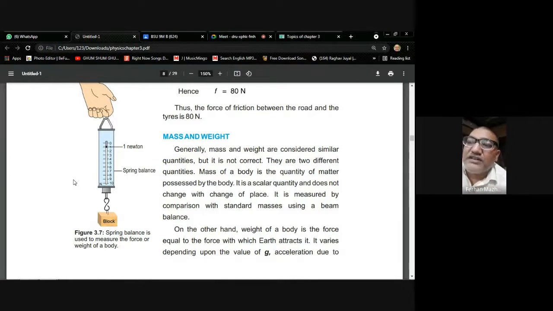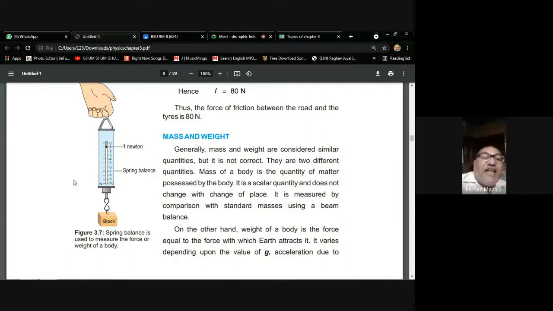Another very important thing is that the weight depends upon the gravity of the earth. It depends upon the gravitational field strength of the earth. Gravitational field strength is small g.